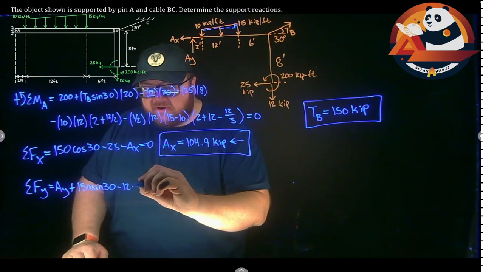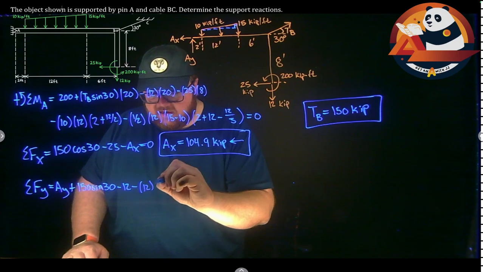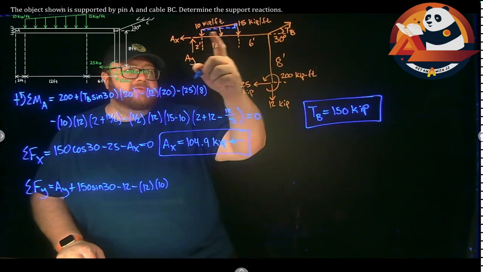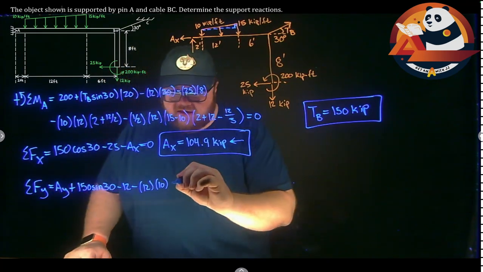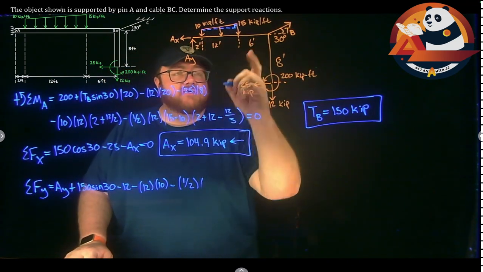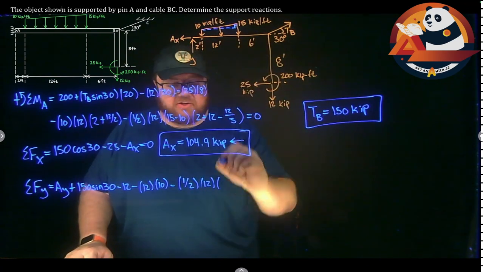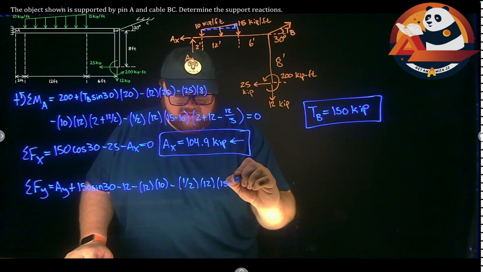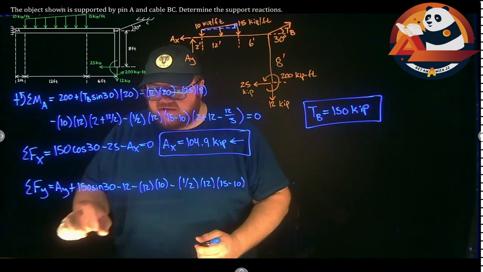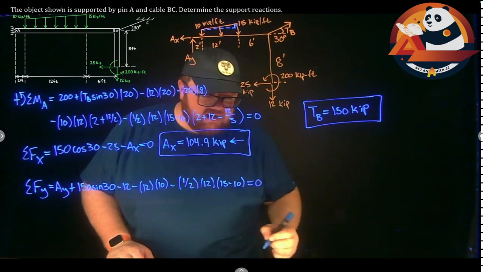It's pointing downward, so minus base times height, 12 times 10. And then finally, I need to subtract off the triangle's area as well. So minus 1/2. My base is 12. My height is, again, the difference between the two sides, 15 minus 10. And do I have everything? 1, 2, 3, 4, 5. That should be everything. Equals 0.